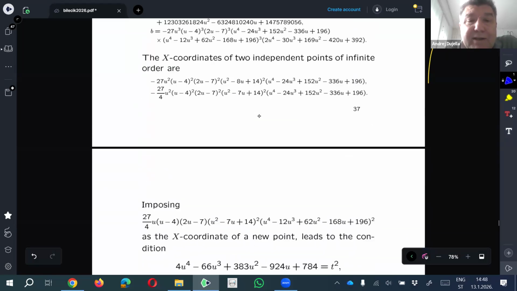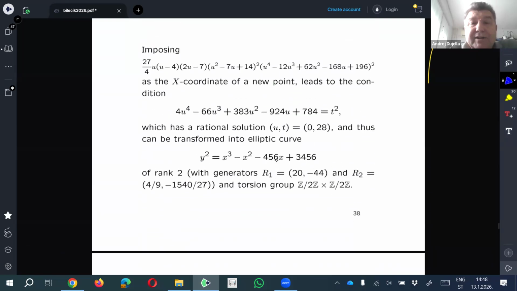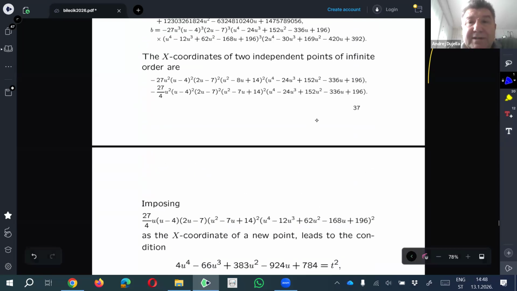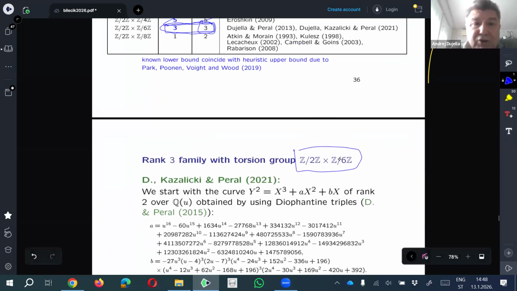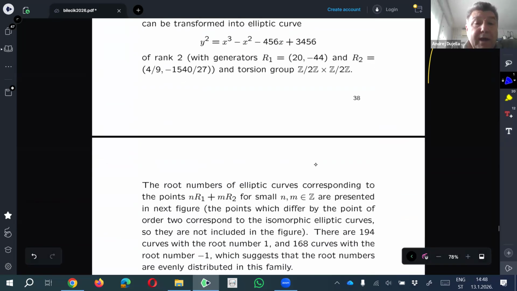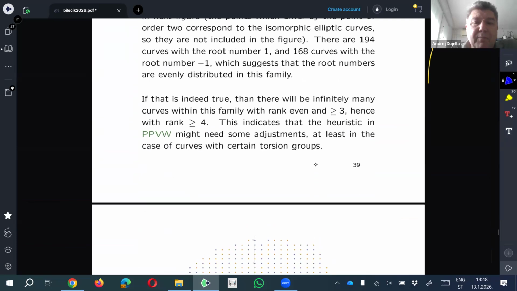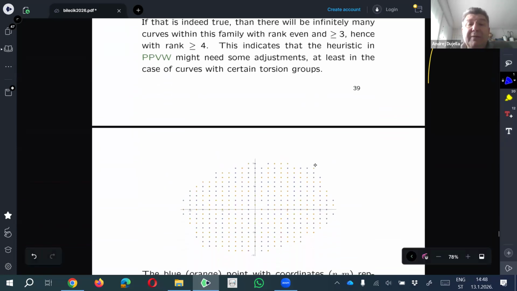I will skip details. We proved that there are infinitely many curves of this torsion and rank 3. In fact, we found a rank 3 family with this torsion group, and the family is too complicated to make any computation of ranks. So we cannot say that there are many curves with rank, say, 4 in this family.